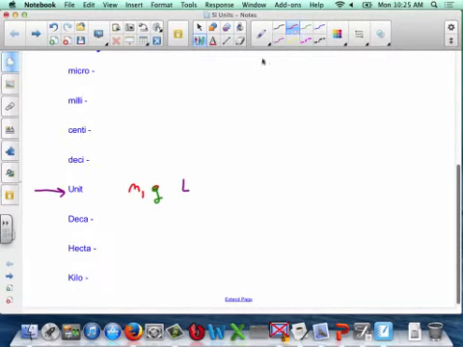So when we think about the unit, that's really 1.0. So 1 meter, 1 gram, 1 liter.